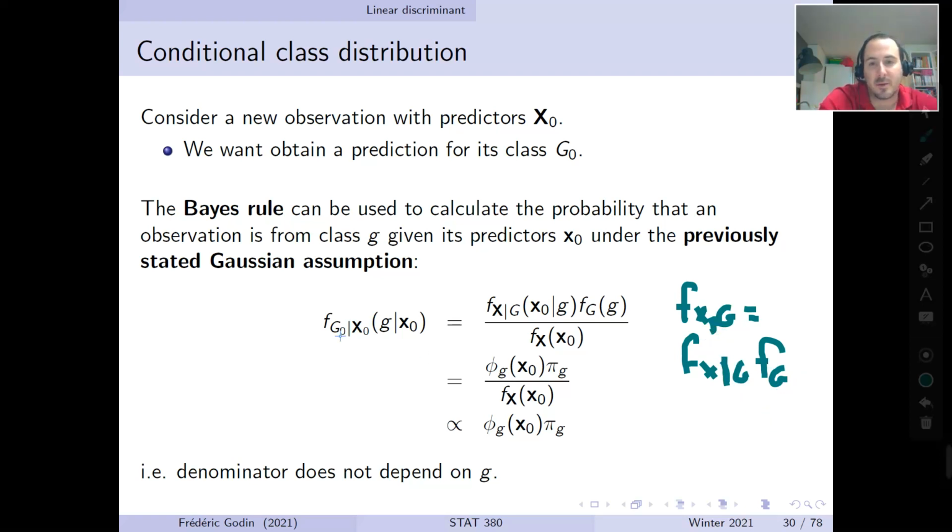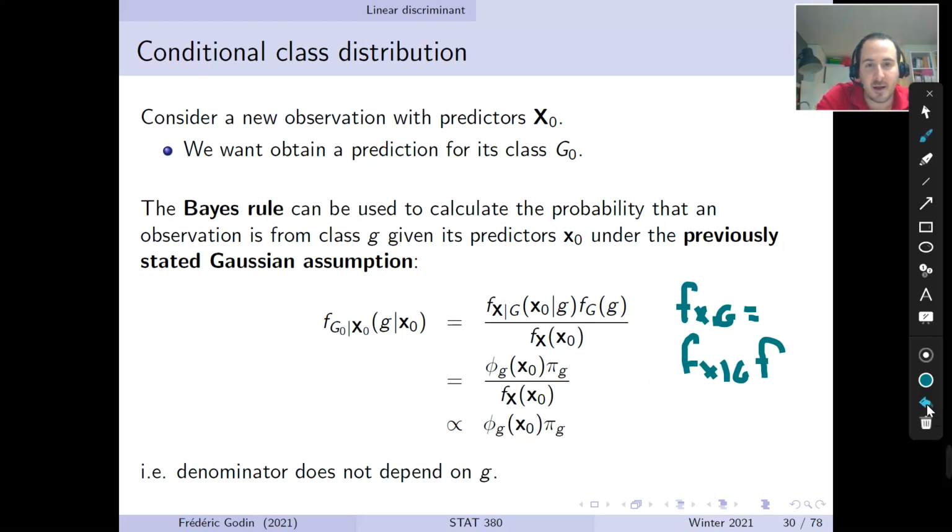So to obtain the conditional distribution of G given X, we have an expression which depends on the conditional distribution of X given G. We know this quantity because it is the multivariate normal distribution we assumed earlier in the LDA assumption. This is divided by the marginal distribution of the predictors.